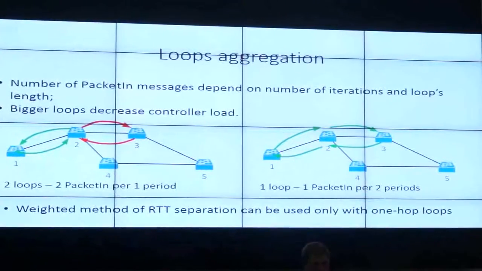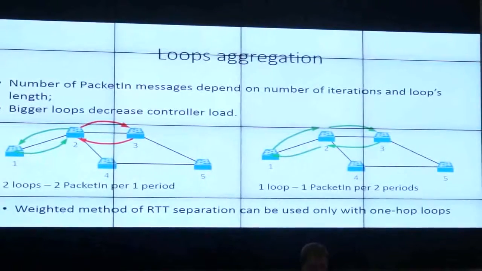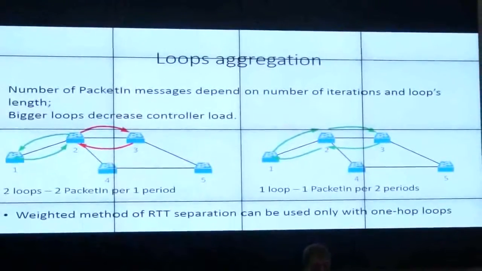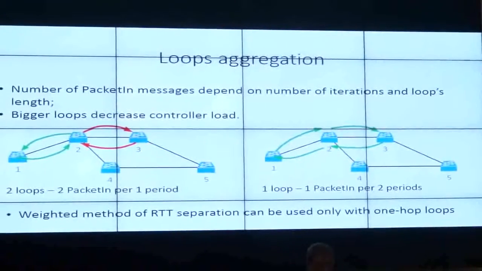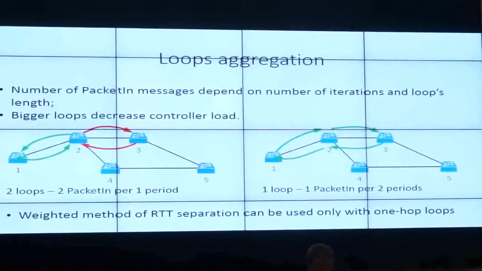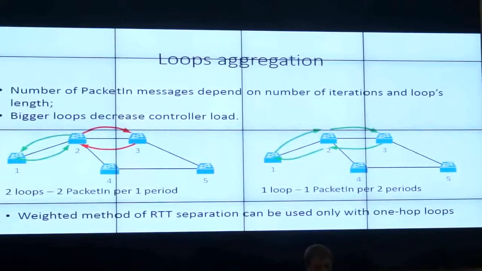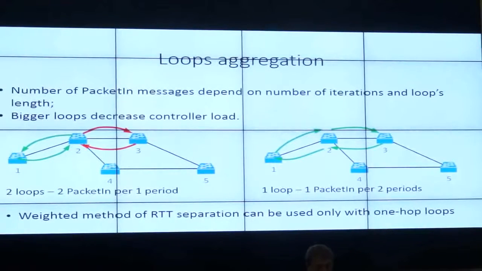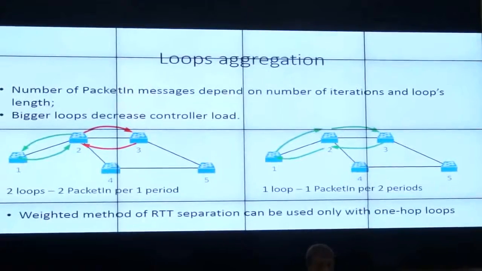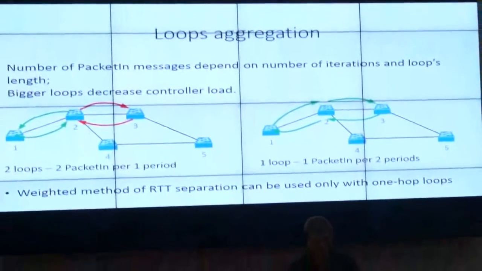For this purpose, we find the loop aggregation rule, which constructs a bigger loop, or a bigger or equal loop, from two simple loops of the network without doubling edges in the loop. This loop aggregation rule allows us to decrease the network controller load, but when we use these loops, the weighted method of RTT separation becomes not applicable. So how do we obtain one-way delays without this weighted method?